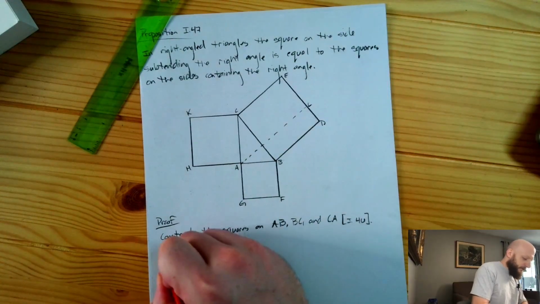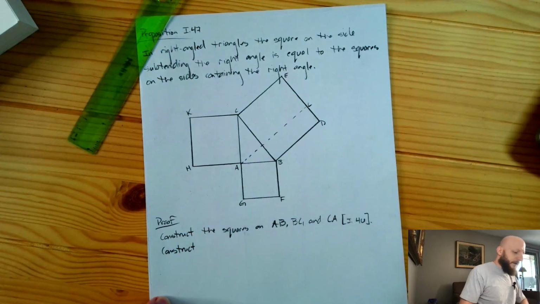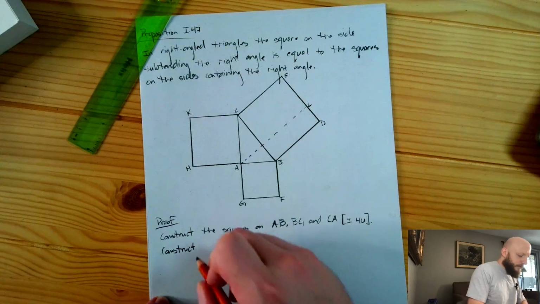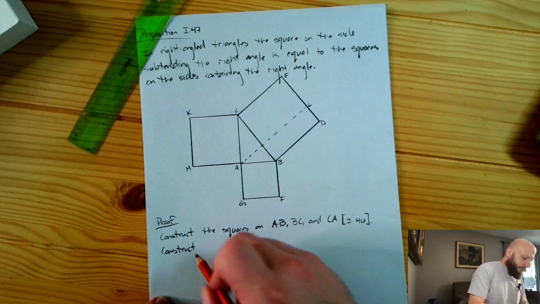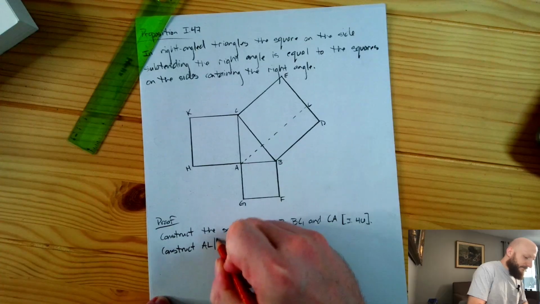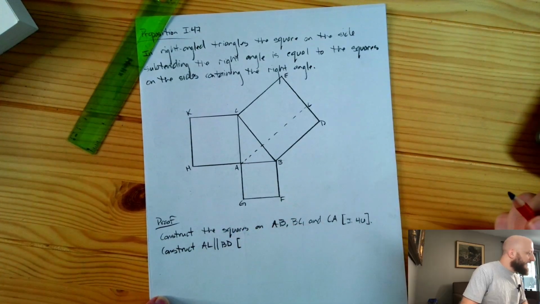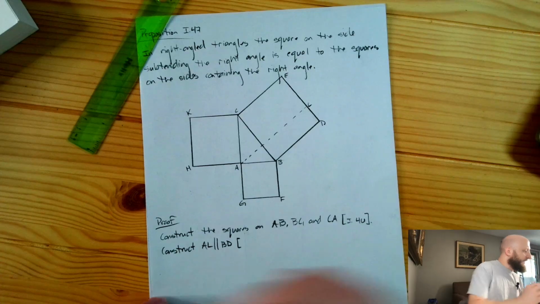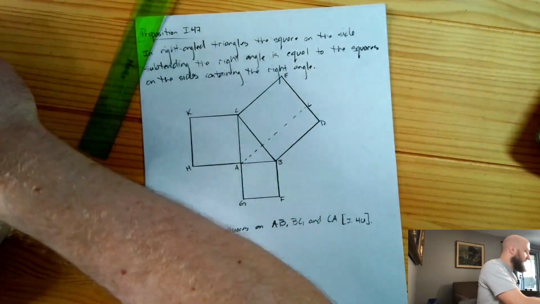So construct AL parallel to BD, just to keep it short. And that was a proposition not cited in my book, but I would like to cite it.